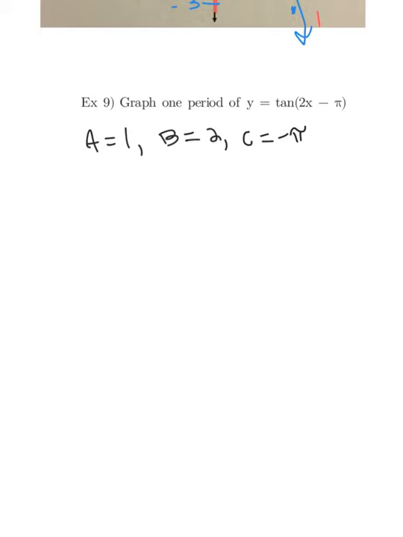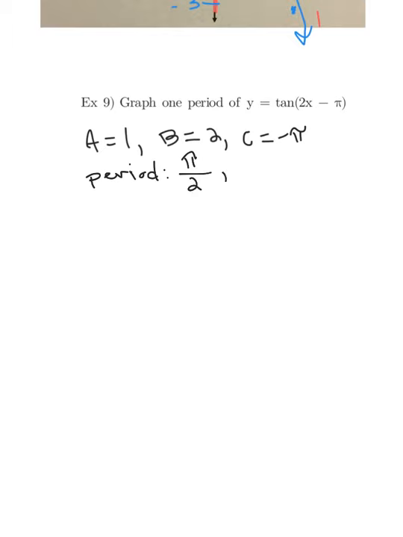Our labels on the vertical axis will be the A value, which is 1. Period: because this is a tangent function, we take standard length of pi divided by B, so our period is pi over 2.